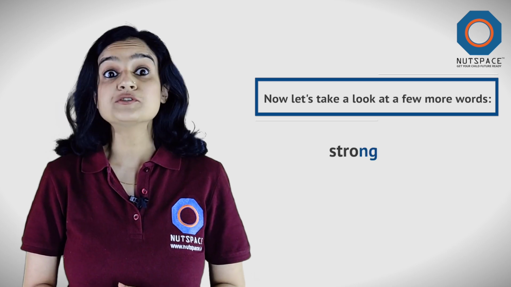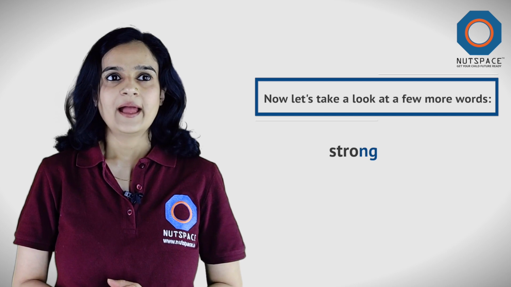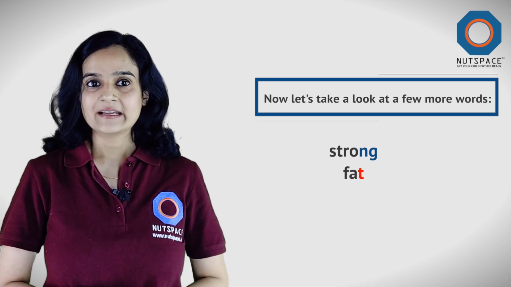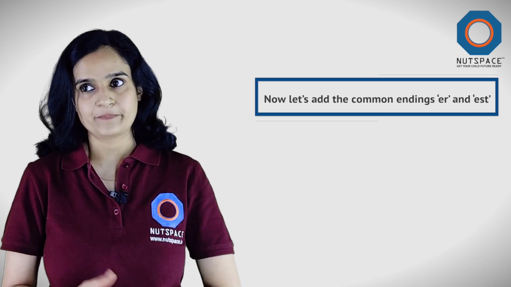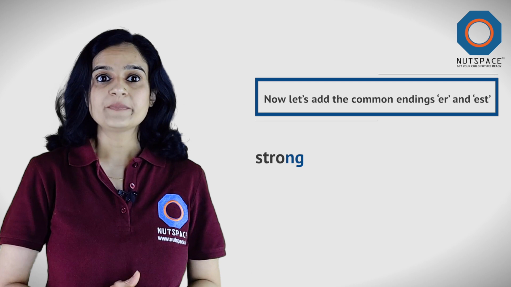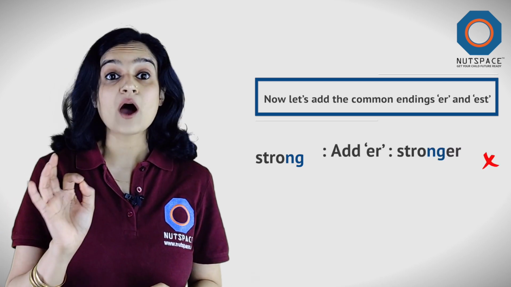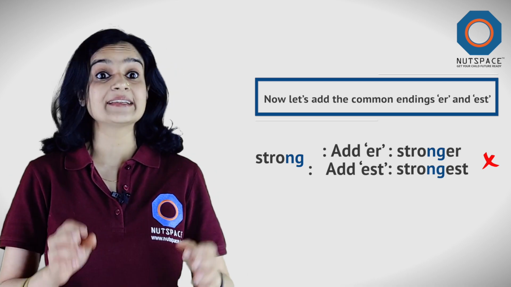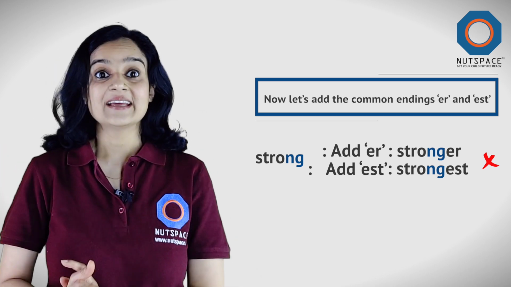Let's take the word strong. S-T-R-O-N-G, strong. And another word, fat. F-A-T, fat. Now let's add the common endings ER and EST. Start with strong. When ER is added, it will become S-T-R-O-N-G-E-R. And when EST is added, it will become S-T-R-O-N-G-E-S-T.